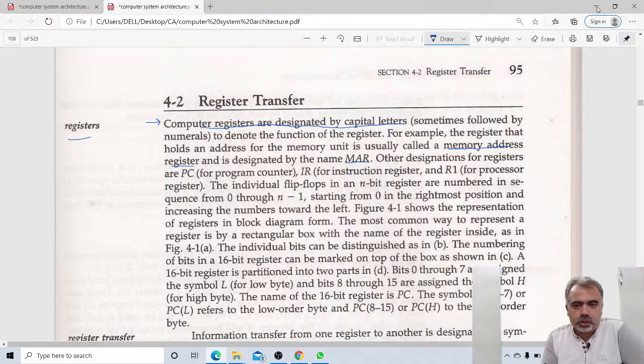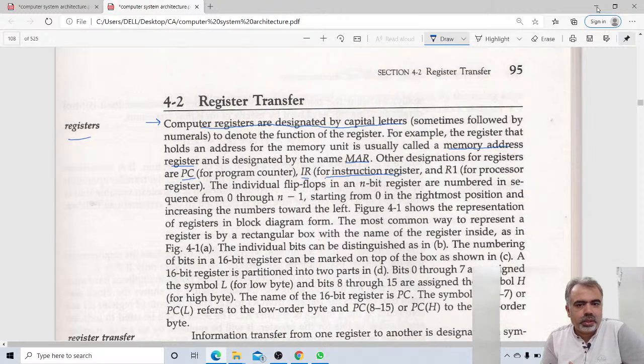Other designated registers are PC, that is program counter. The program counter is responsible for counting the number of code lines inside a particular program or instruction set, so it always points towards the lines in a particular code. Similarly, there is the IR register, the instruction register.